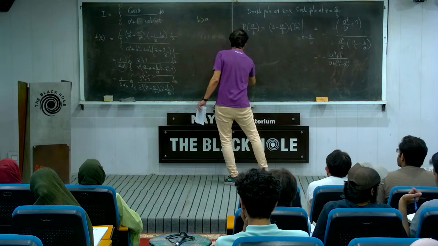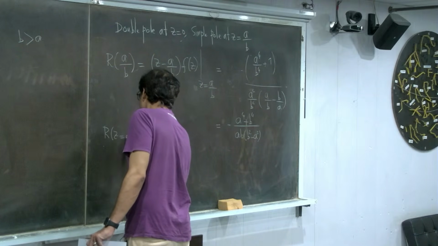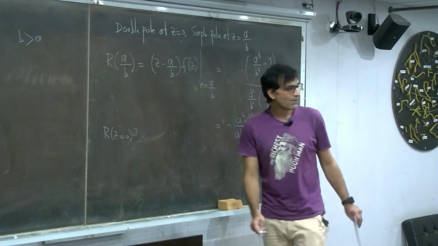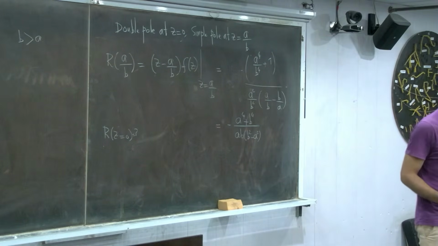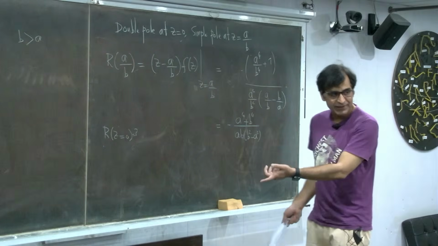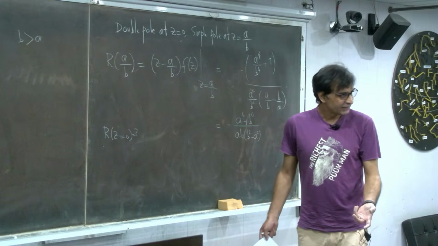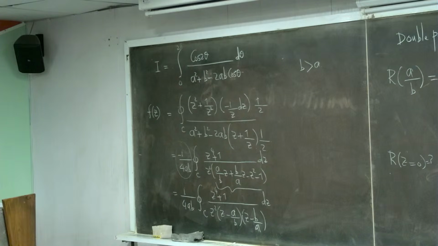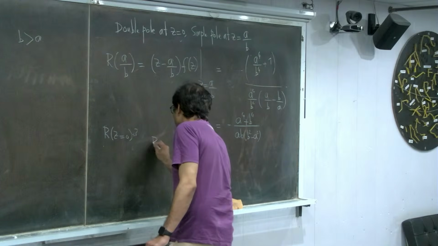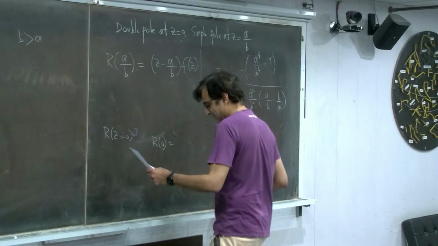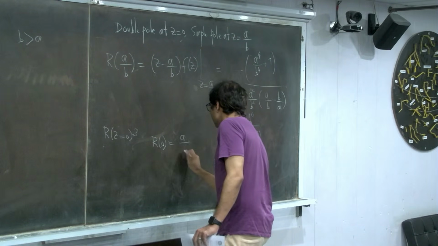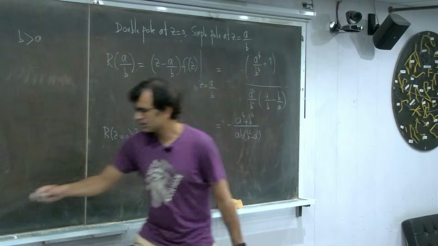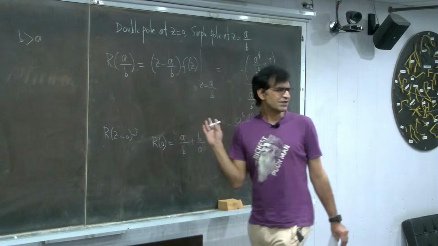Now I have to calculate the residue at z is equal to 0. How to calculate this residue? Multiply this with z squared, take a derivative, and then put z is equal to 0. And you can verify that the residue at this one is equal to a over b plus b over a. By the way, it's not difficult. All you have to do is differentiate that.